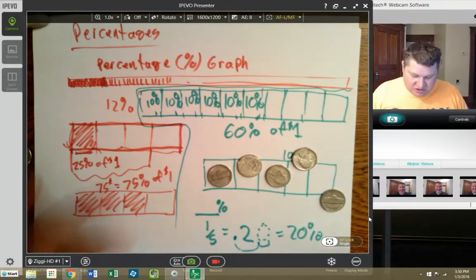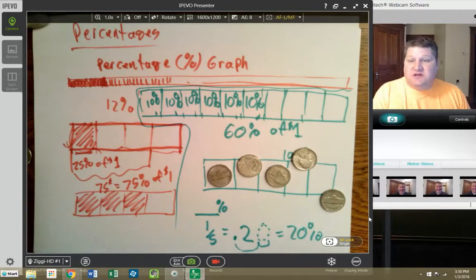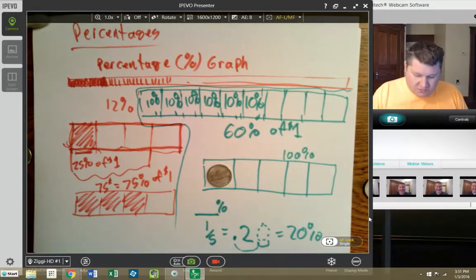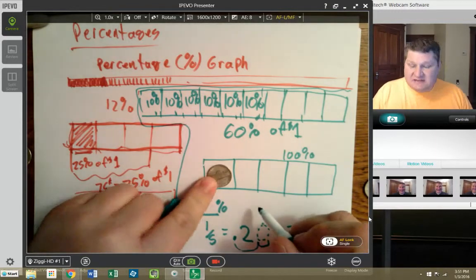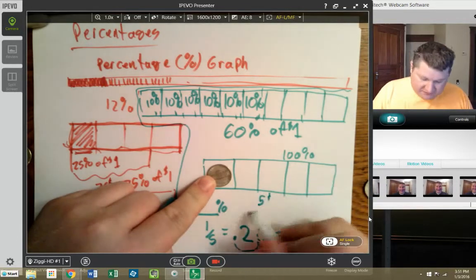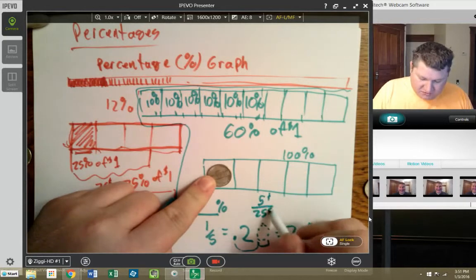So being able to talk about fractions allows us to talk about decimals, or it allows us to talk about percentages. In this case, I have 1/5, which is 0.2, which is 20%. Although you could have done it a different way. How many cents is that worth? 5 cents. Out of how many cents were there possible? There were 5 nickels, so there were 25 cents.